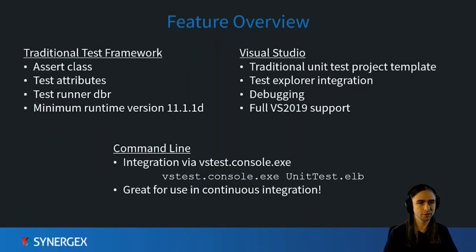As far as the feature is concerned, it comes in three parts. We have the traditional test framework, which ships in SDI, and this is the meat and potatoes of the whole thing. It comes with the Assert class, which is as close as we could get it to the .NET Assert class for .NET testing. It comes with a whole bunch of methods like AreEqual, Fail, AreNotEqual, AreSame, all those sorts of things, and they come with a whole bunch of overloads.